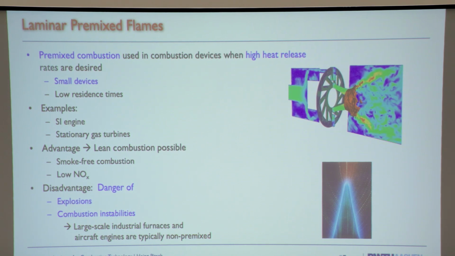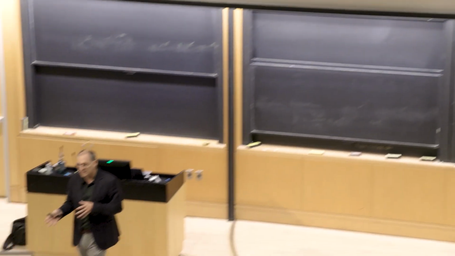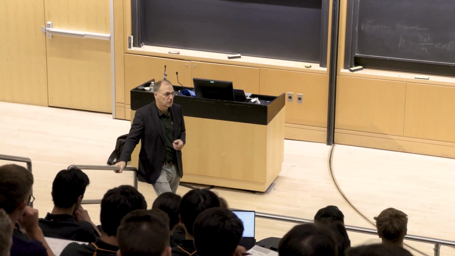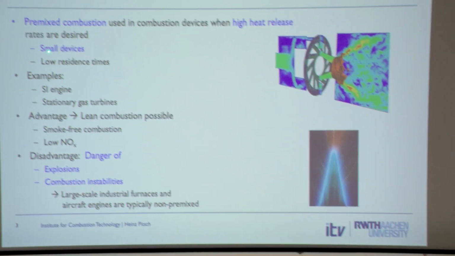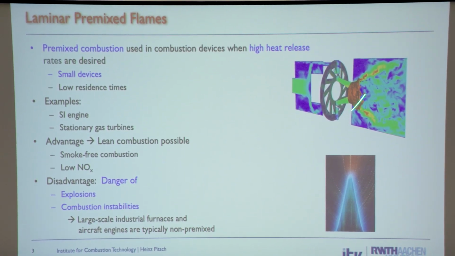In premixed combustion, fuel and air are mixed, let's say perfectly mixed. Now, in most technical systems, the fuel and air might be premixed, but maybe not perfectly premixed. But here we will always assume it's perfectly premixed. So let's say this is a gas turbine.